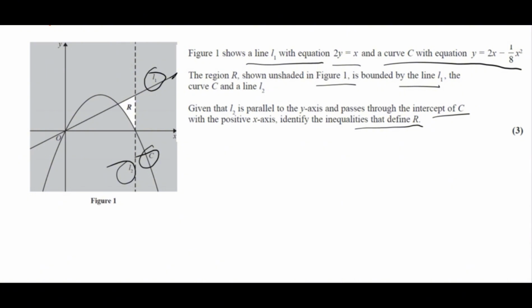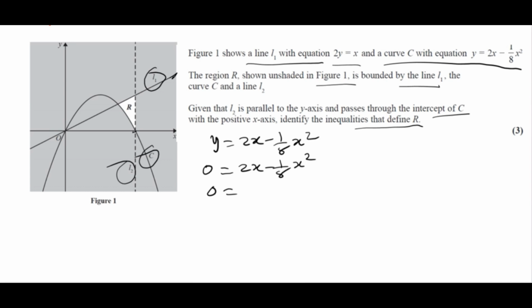To find this, we have to find the common point for the curve C and line L2. For that, I can write y is equal to 2x minus 1 over 8 x squared. Now it is intersecting the x-axis, so we know the y coordinate is 0. So 0 is equal to 2x minus 1 over 8 x squared, right? Simplify it.